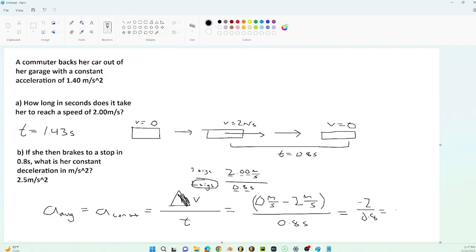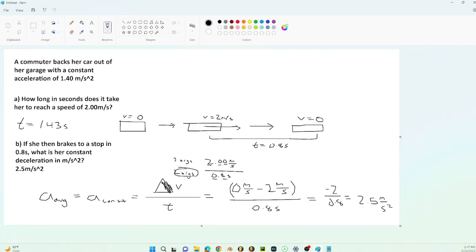Let's see, 2 divided by 0.8 is going to be equal to 2.5. Does this have 2 significant figures? 1, 2. Yes, it does. So we don't have to round it. We got lucky this time. So our answer is 2.5 meters per second squared.